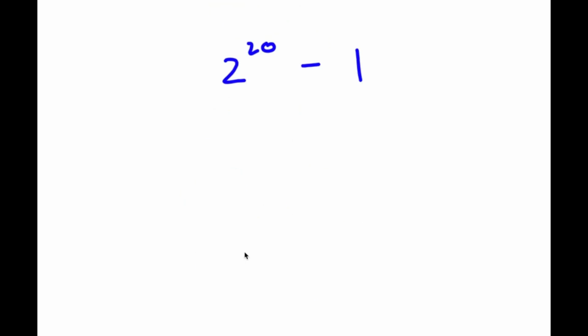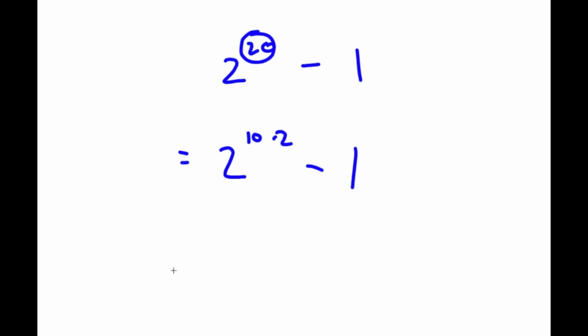Alright, so in this problem, I have 2 to the power of 20 minus 1. So to solve this, I'm going to first start by rewriting 2 to the power of 20 as 2 to the power of 10 times 2.